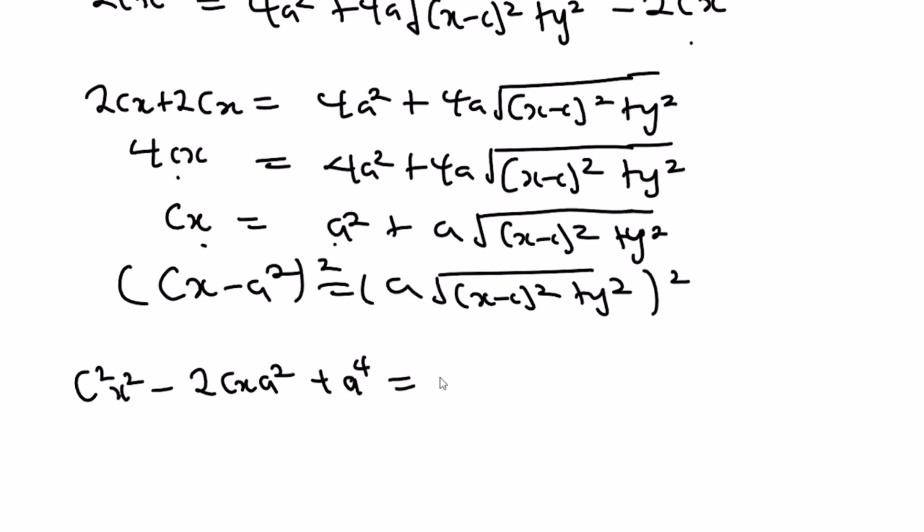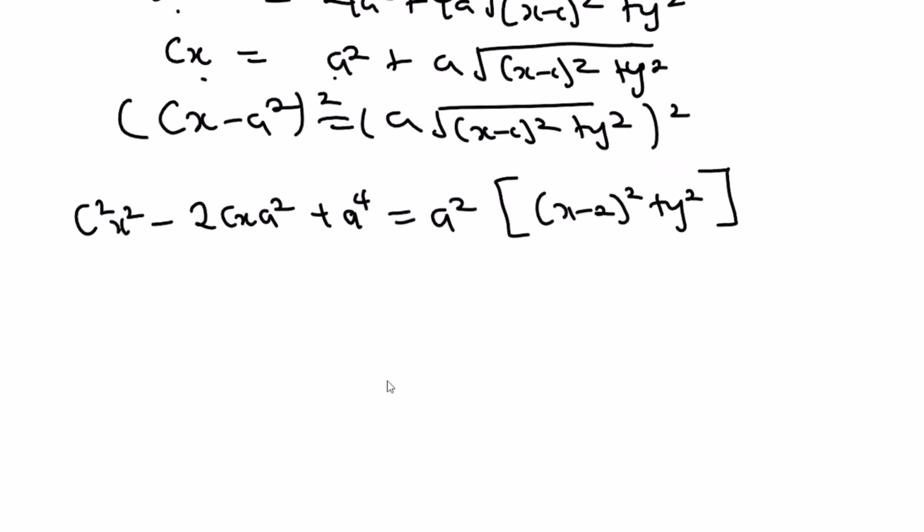Then this side will give us a squared, then this will go, so we'll have x minus c squared plus y squared. What happens next?